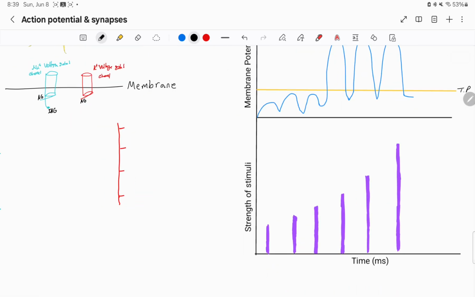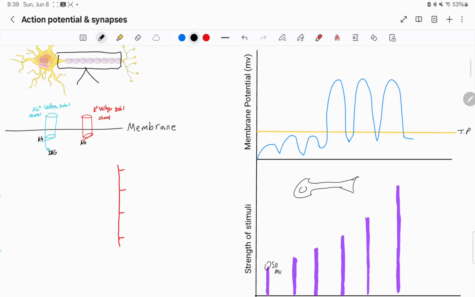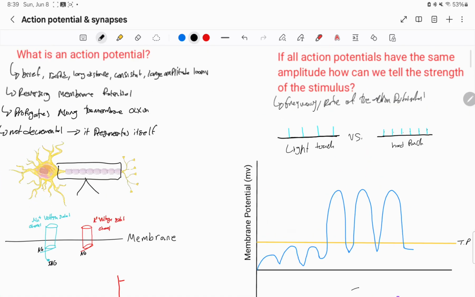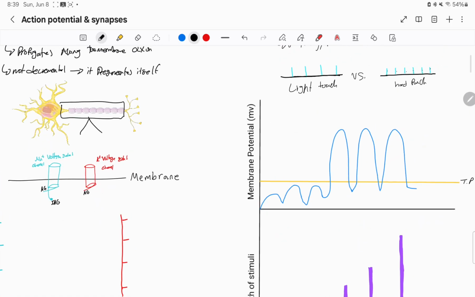Let's say we start out with 50 millivolts. I apply 50 millivolts to our little neuron over here, and I want to see what happens to this guy's membrane potential. So I apply 50 millivolts, and guess what I see? I see a small bump upwards in this guy's membrane potential.